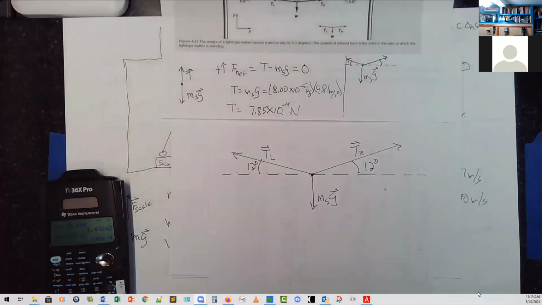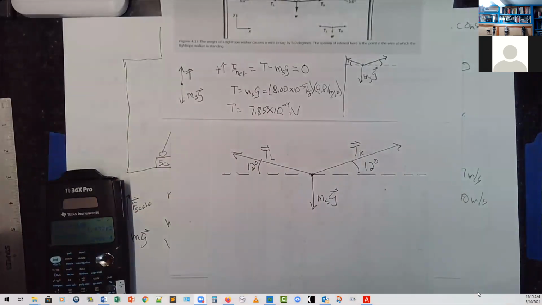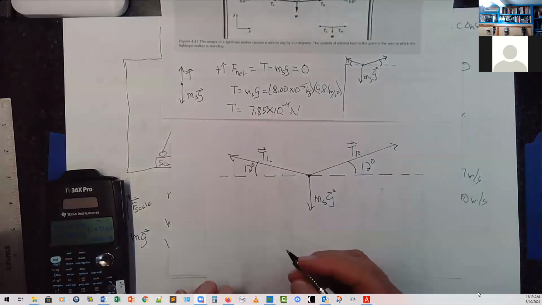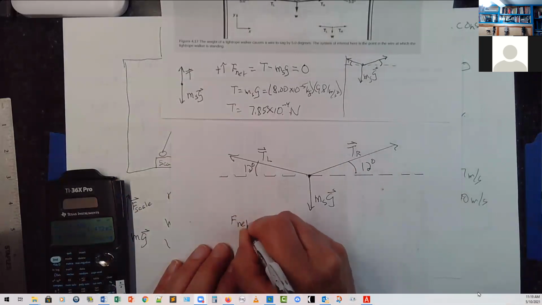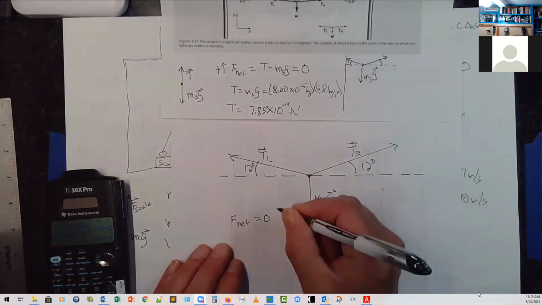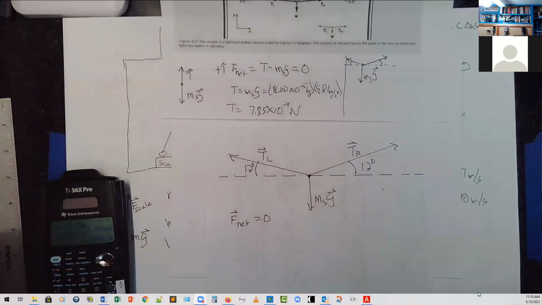We haven't done a problem like this before. This is two-dimensional. However, there's still no acceleration, and so the net force is equal to 0, but I should probably stick an arrow on that. Okay, so there's part of the solution.